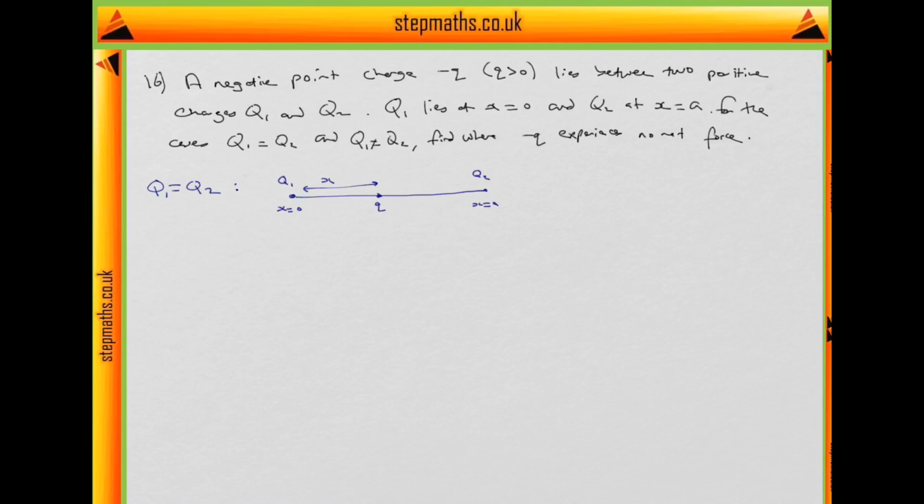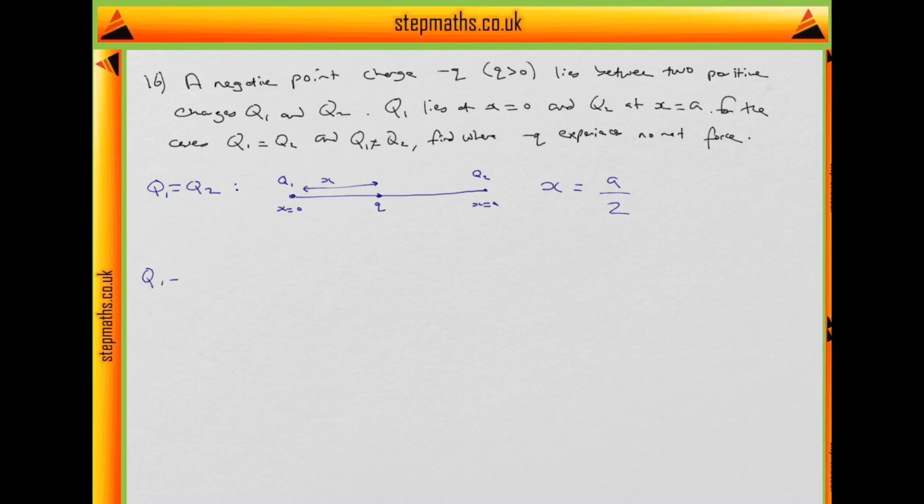This one's actually straightforward enough, because Q1 is equal to Q2, they're both going to pull on Q with exactly the same force. So we have a force in this direction equal to the force in this direction. Clearly, for Q to experience no net force, we require that Q is exactly halfway between Q1 and Q2, so it must lie at x equals a over 2.